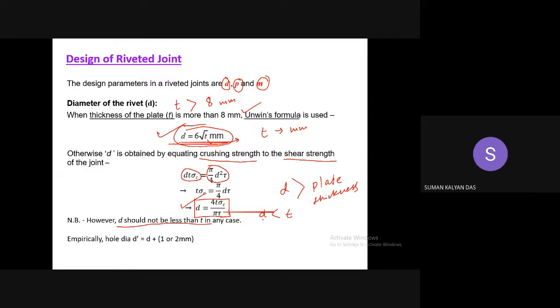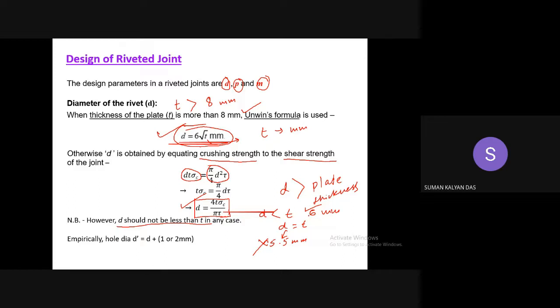In that case, you have to at least make D equal to T. Suppose T is equal to 6 mm, and your D was coming as 5.5 mm. You have to discard this value and at least take T. So D should not be less than T in any case.